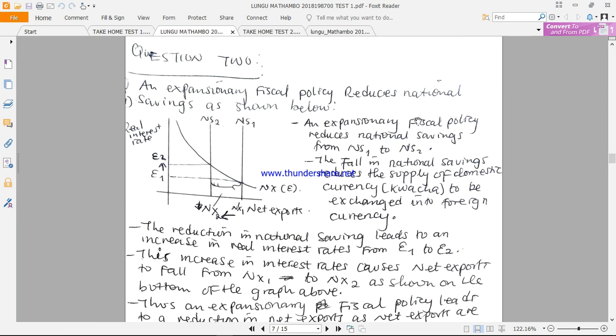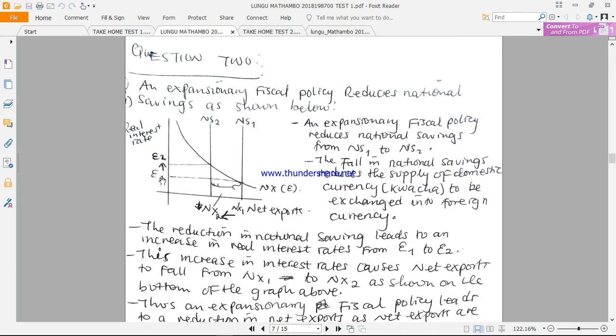So I say that an expansionary fiscal policy reduces national savings from NS1 to NS2, where NS is national savings. When the government engages in expansionary fiscal policy, what follows is a reduction in national savings. Because of that reduction, we expect an increase in the real rate of interest, from E1 to E2, which is the exchange rate in this case.